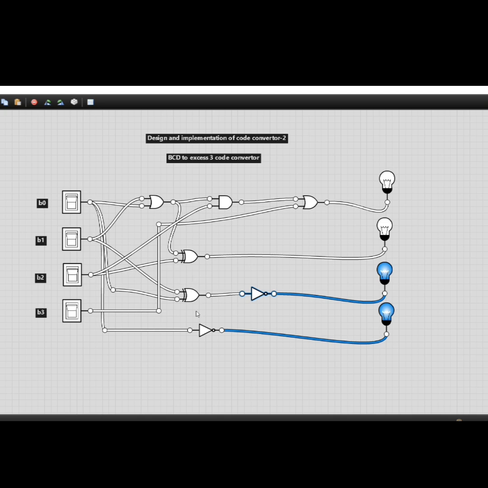Now the connection for the BCD to XS3 code converter is completed. Now we can check whether the connections are correct or not based upon the truth table and verify it.